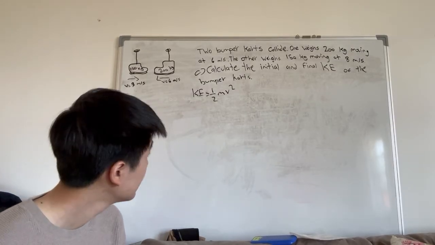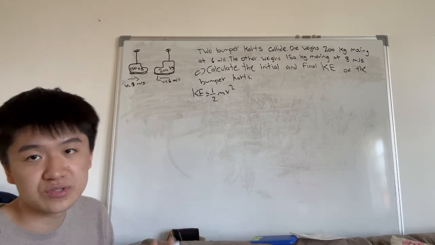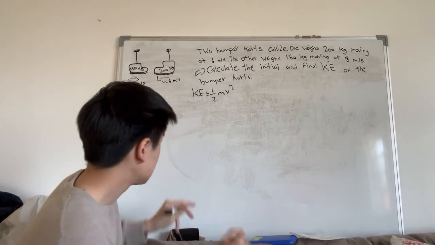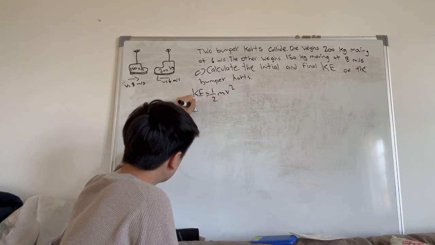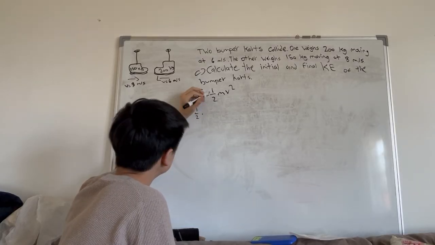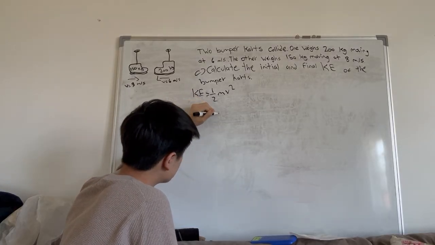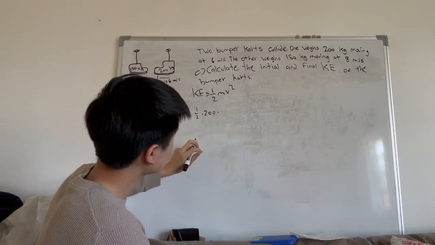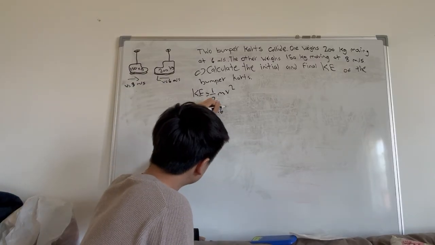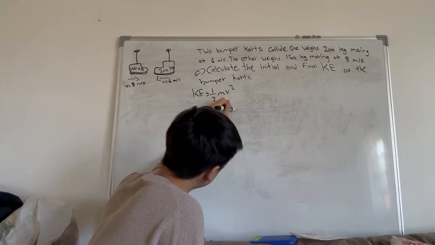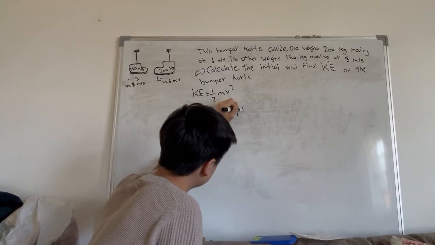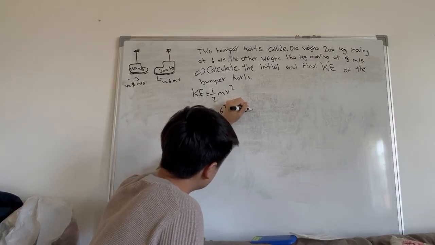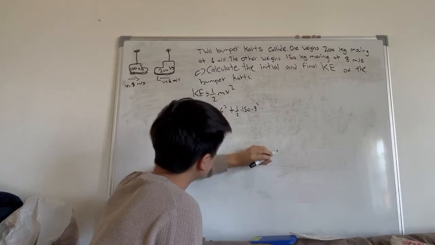So let's do that. I'm going to do it all in one step since we're just going to add them together. So I'm just going to do right here 1/2 times 200 times, since it's moving at 6 meters per second, 6 squared, plus 1/2 times 150, which is the mass of the other cart, times 8 squared.